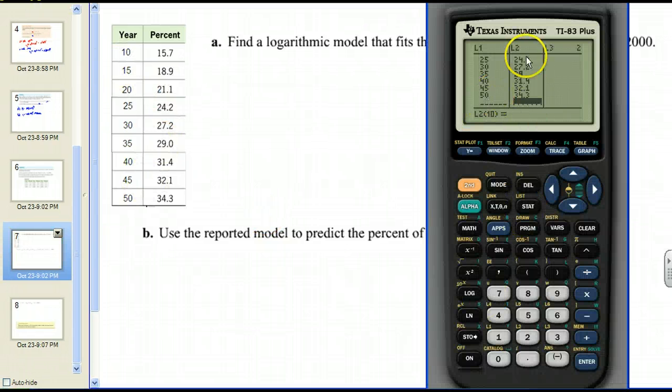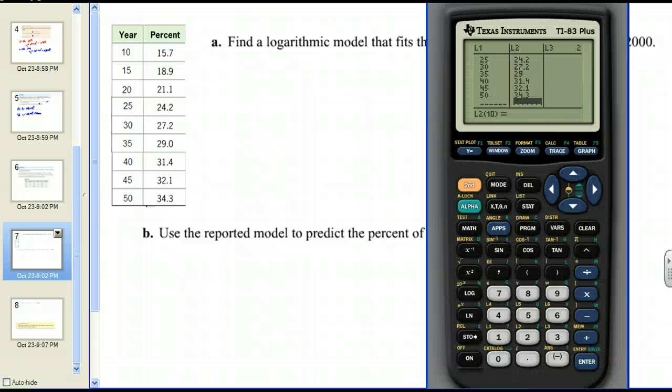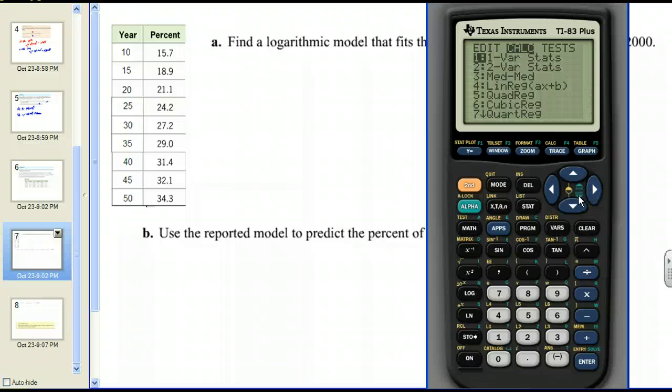Alright, so part A is wanting us to find a logarithmic model that fits the data. For a log model, you press Stat, come over to Calc, and scroll down until we see LN regression. Now there's logistic, that's not it. Make sure you use LN regression instead of logistic regression.